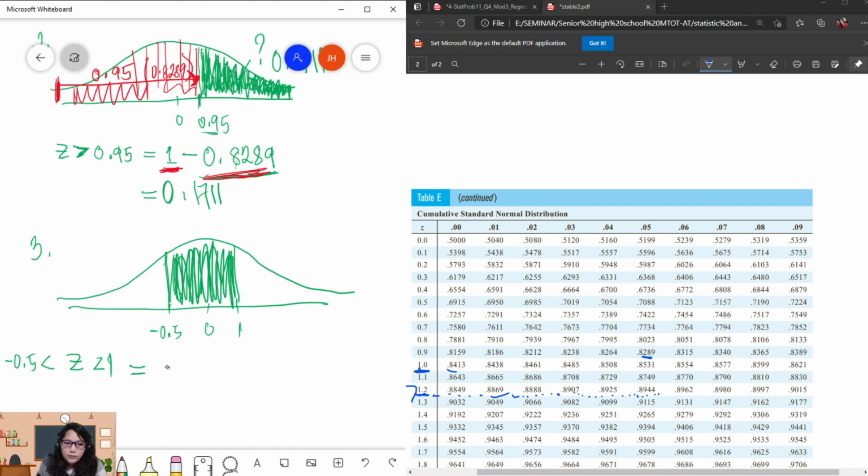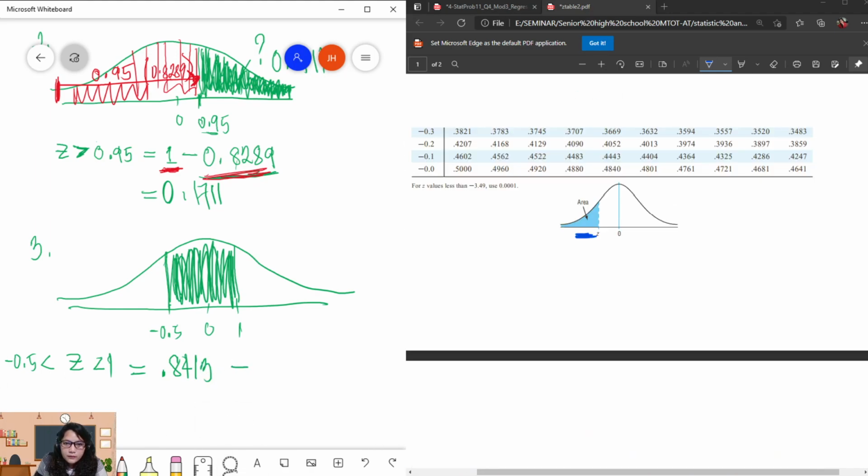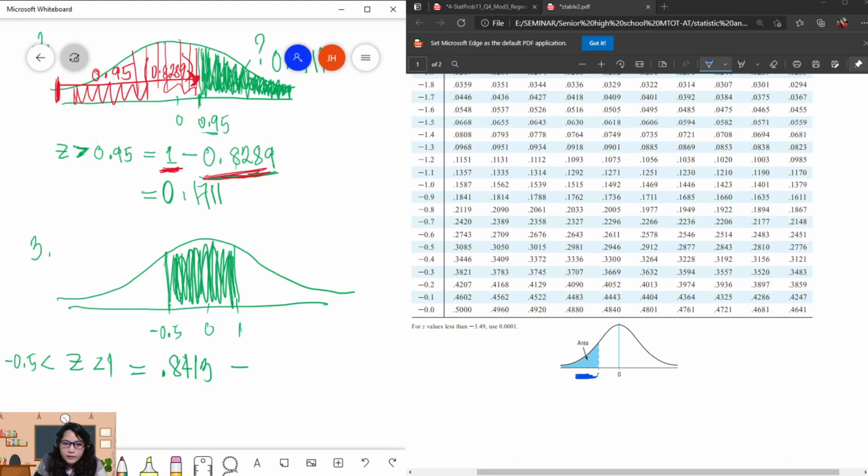So if you're going to have here, so this is 1, which is 0.8413 minus negative 0.5. Negative 0.5 is here, 0.3085. So 0.8413 minus 0.3085. So the answer is 0.5328.